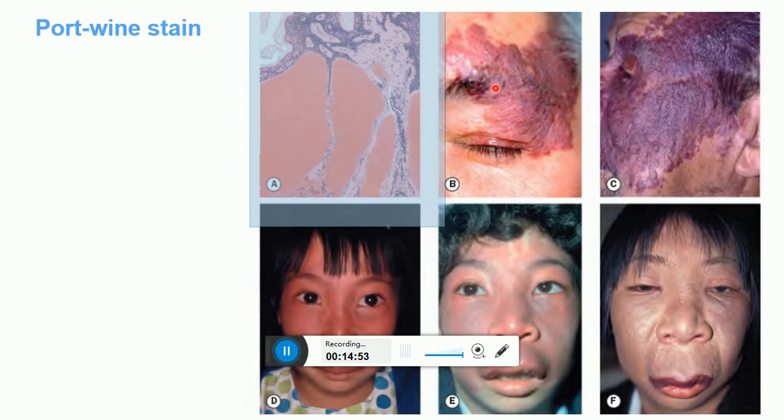Histopathologically, there are vascular spaces of varying caliber separated by thin fibrous septae. Here you can see thin fibrous septae. 10% have associated ocular or CNS involvement, including Sturge-Weber and other syndromes, which we will discuss shortly.